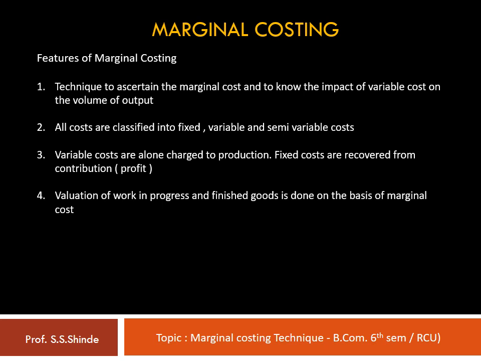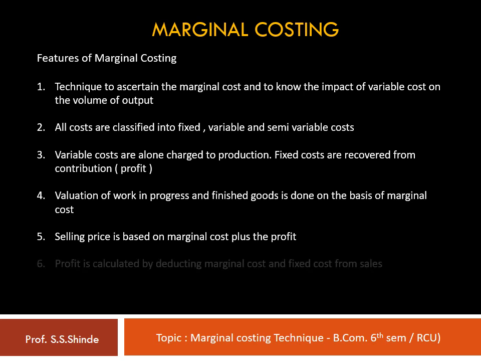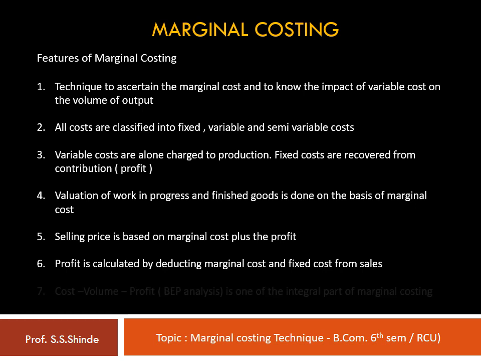Valuation of work in progress and finished goods is done on the basis of marginal cost. 5. Selling price is based on marginal cost plus the profit. 6. Profit is calculated by deducting marginal cost and fixed cost from sales. And the cost volume profit, that is the BEP analysis, is one of the integral parts of marginal costing.